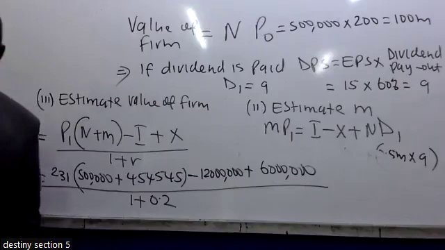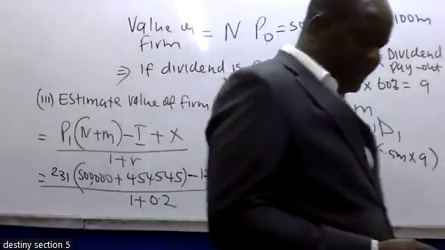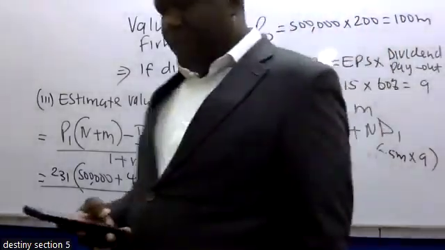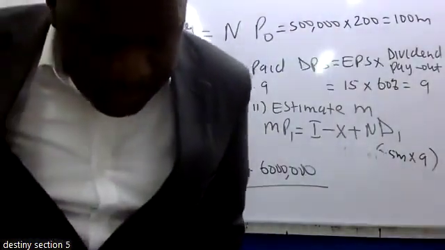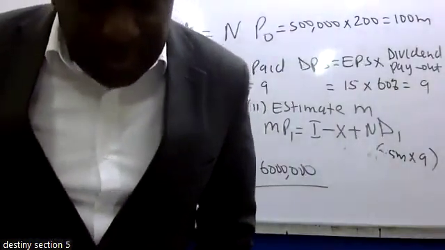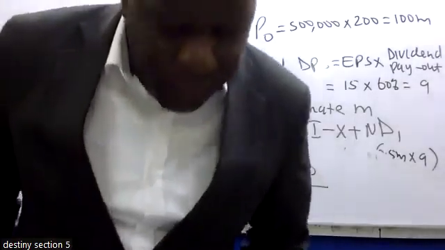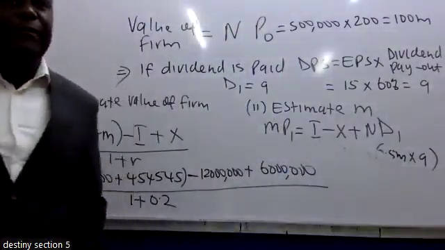We must also get 100 million. So that's now the confirmation. Remember the question was asking you, using M and M proposition on the dividend ratio, that payment or non-payment of dividend does not affect the current value of the farm.